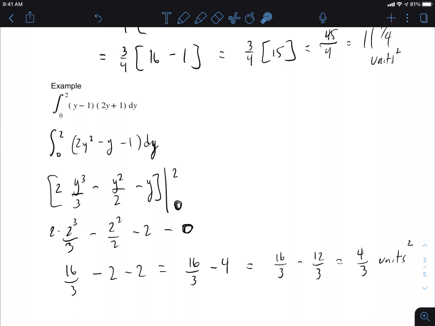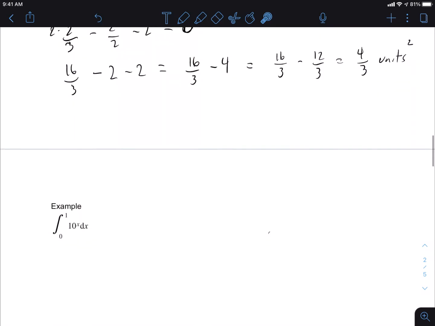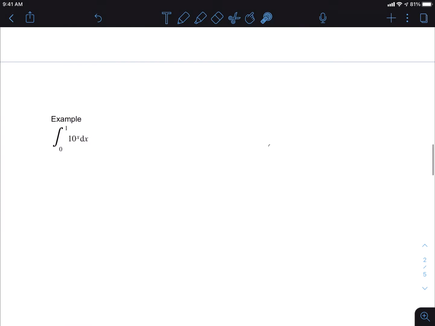I'll do a couple examples that have upper and lower bounds so you can see it. Okay. Now this goes back to something that we learned from derivatives. So do you guys remember what the derivative of a to the x was?